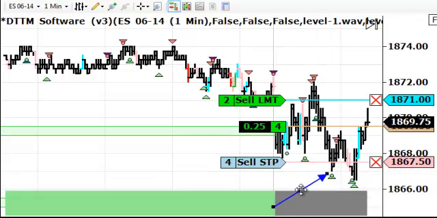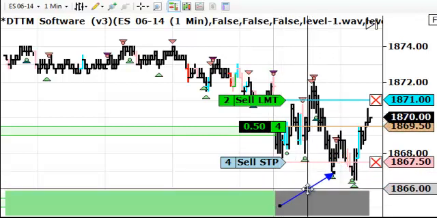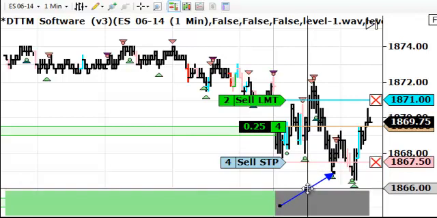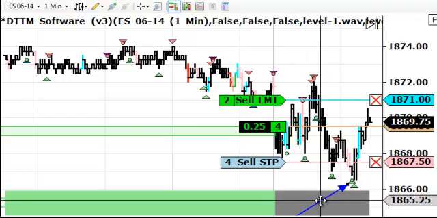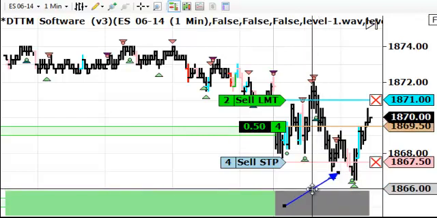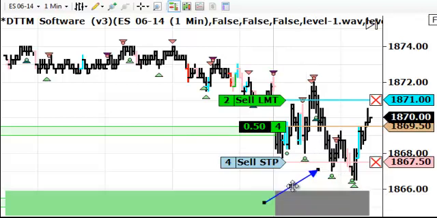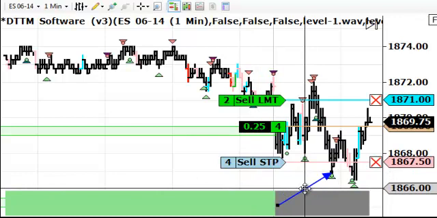A lot of times when the market makes a new low quickly after an existing low and then gets firmly rejected, you can see that the prior low was right here.